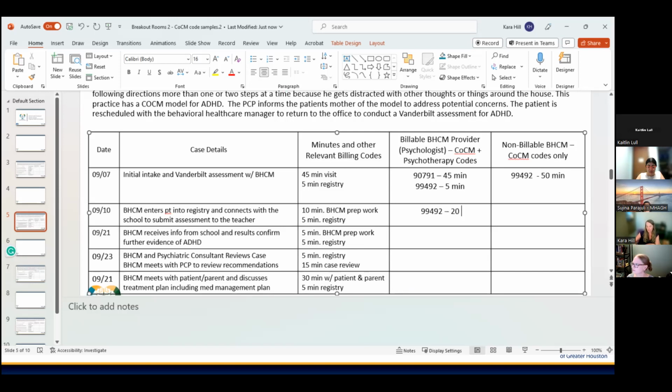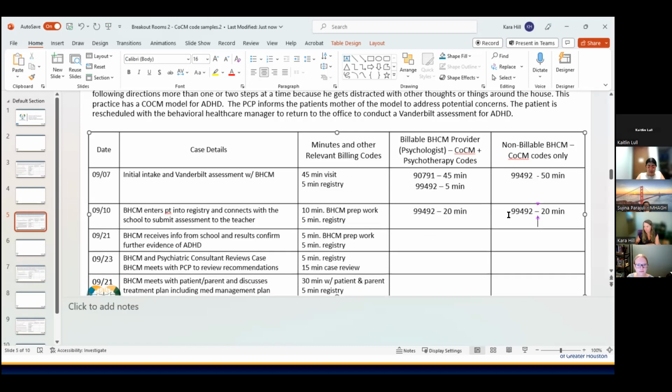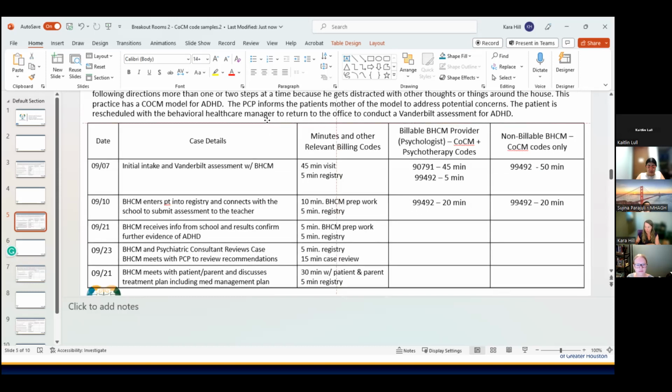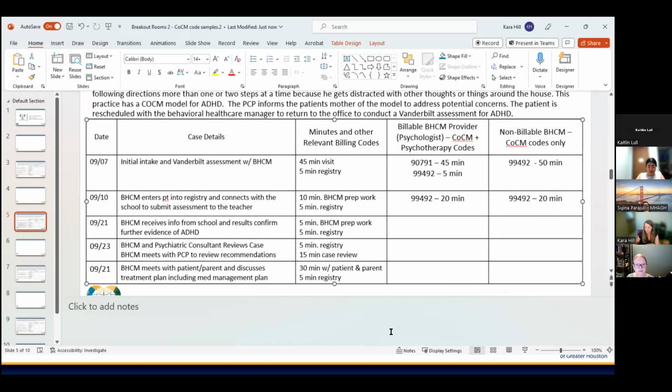And then again over here, right? The other time that you can use your psychotherapy codes is here, because you have 30 minutes with the patient and the parent, so that would be a family code.